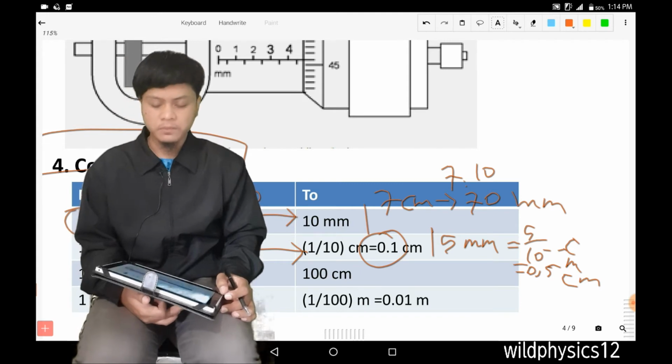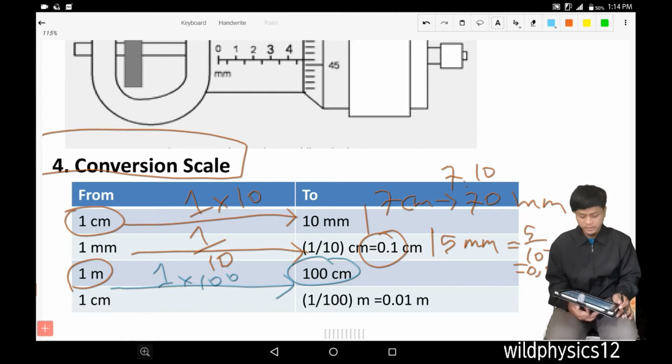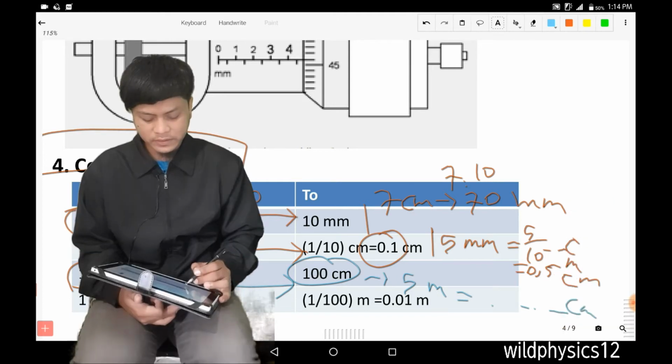If you want to change 1 meter into centimeters, we just have to times with 100. So 1 meter is 100 centimeters. And if we want to change 5 meters into centimeters, we just times it with 100.